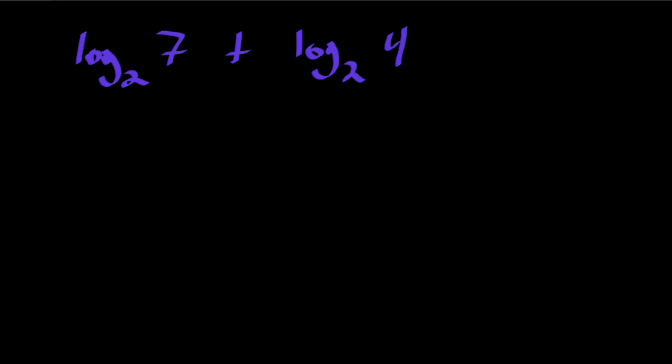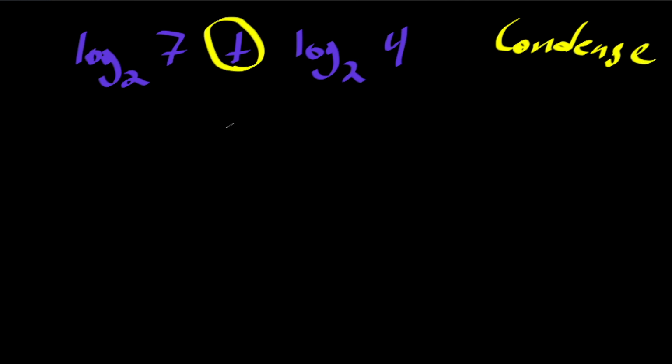Let's say we have log base 2 of 7 plus log base 2 of 4, and I said condense this. The key is noticing the operation happening in the middle. Whatever this operation is tells you whether to multiply or divide.